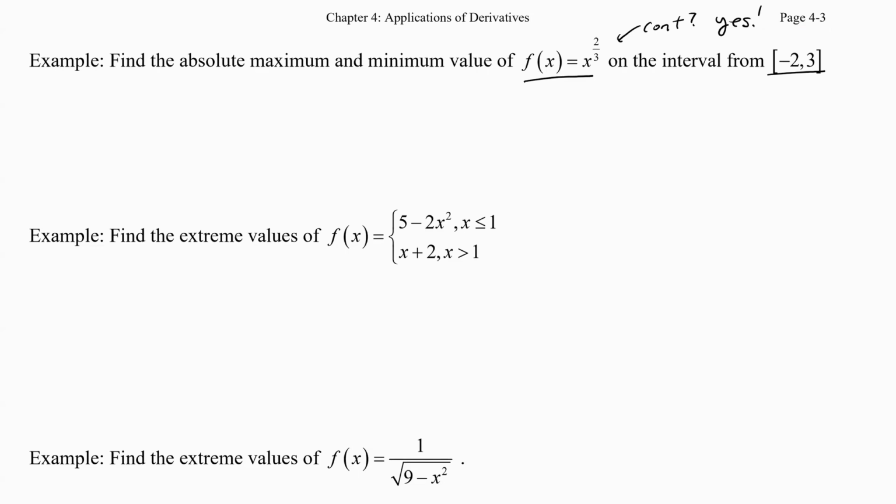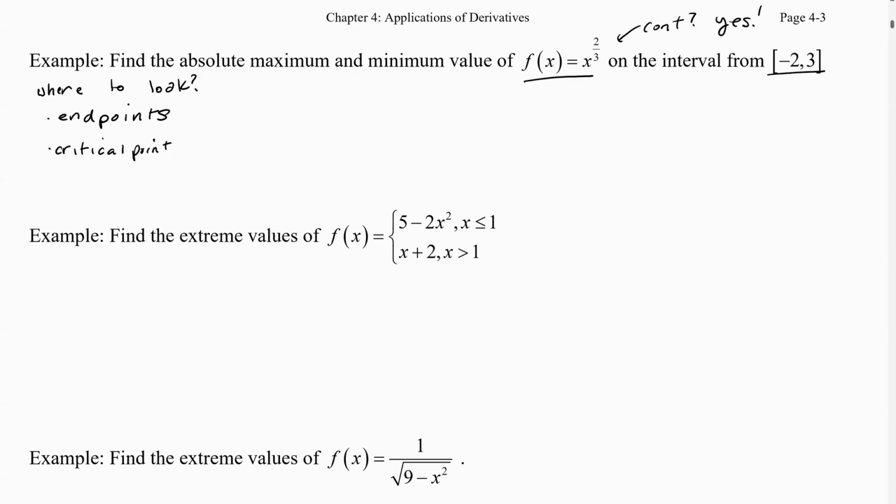Where to look for those absolute maxes and mins? Where to look? Answer, we could look at endpoints, because as we saw from that first set of graphs, absolute maxes and mins can occur at endpoints. We can also look at critical points.